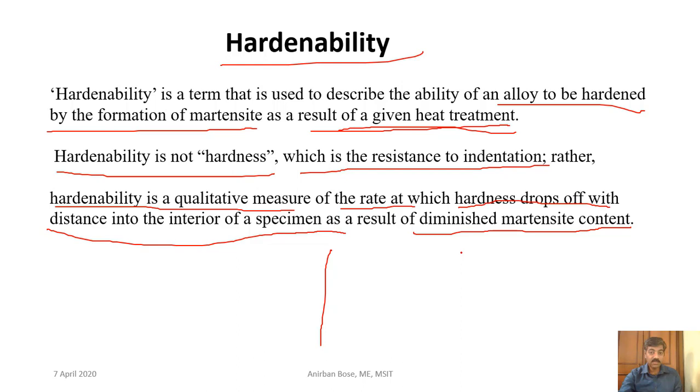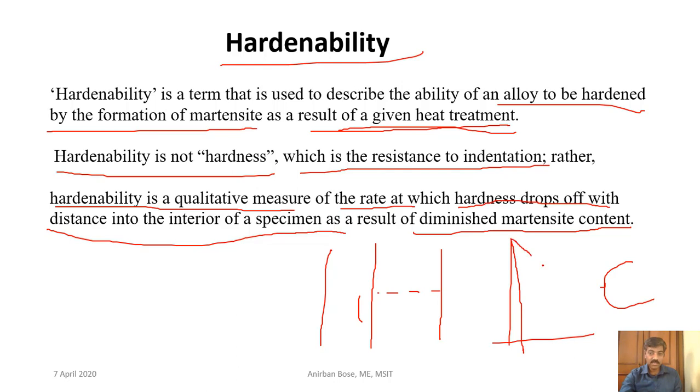That means if the cross section is very large, definitely the cooling rate will gradually slow down towards the center. So chances of getting martensite will be less and less as you go towards the center. So that is why it is required that you shift the bainite nose towards the right, such that you are getting a huge relaxation of the cooling rate, such that the whole section can be martensite.